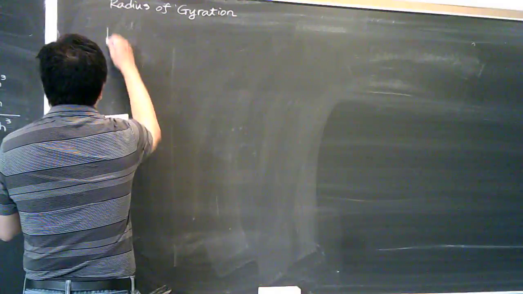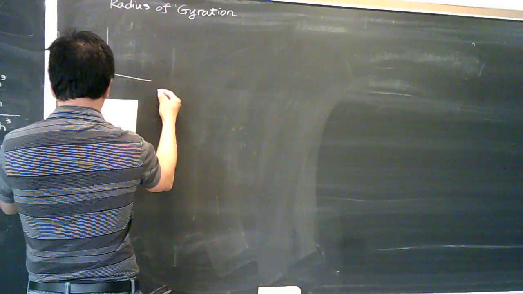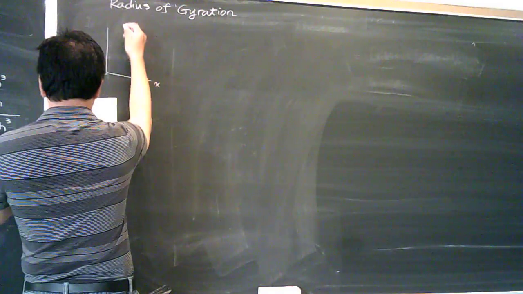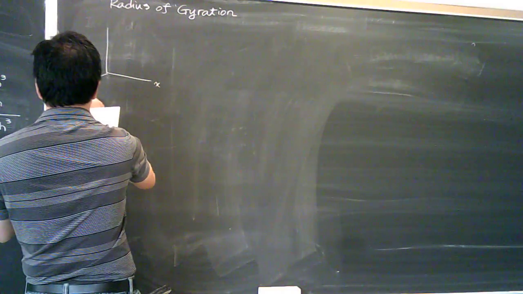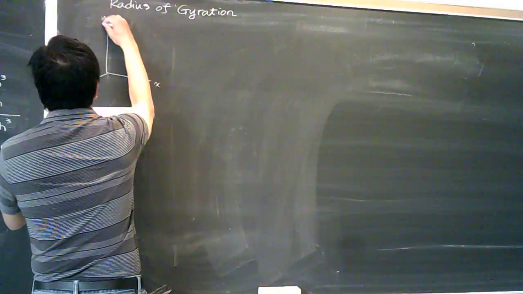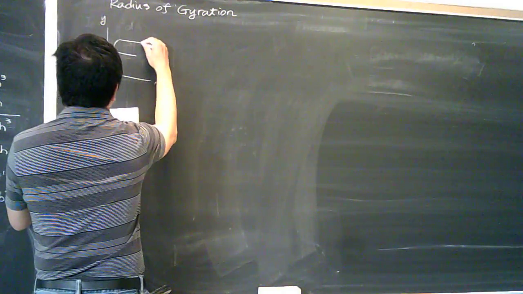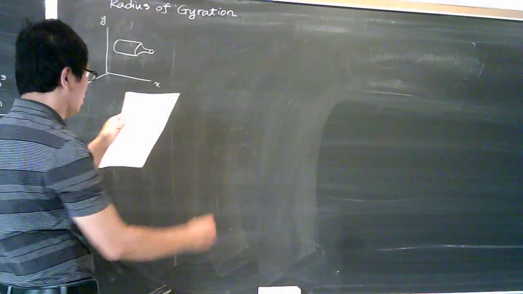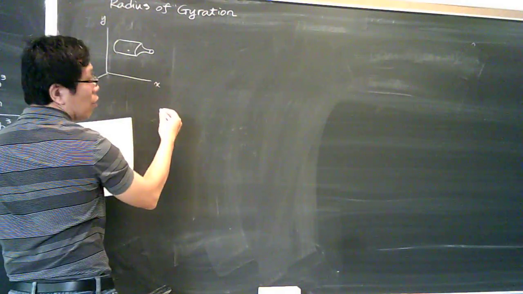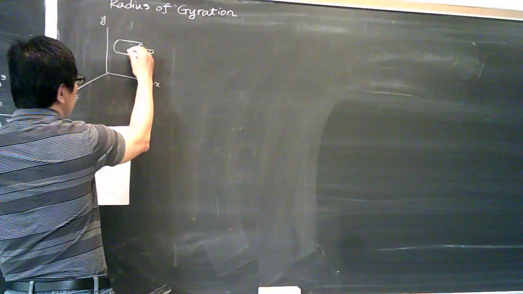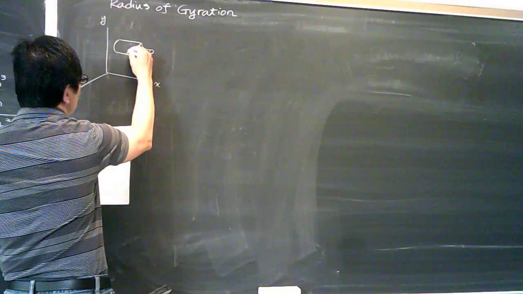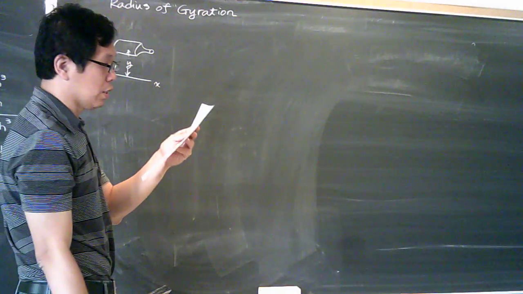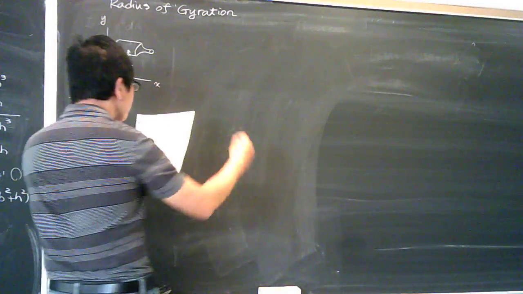So the definition of radius of gyration is, if we have something like this, and we find out the moment of inertia of its radius, then we would like to know what is the distance.